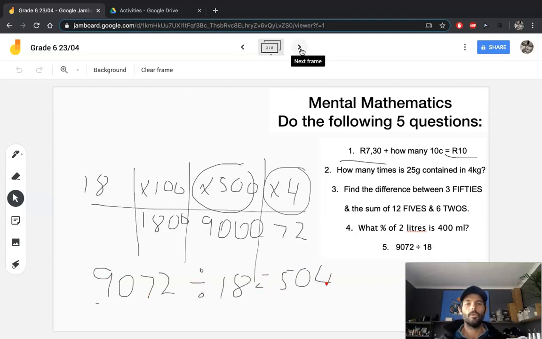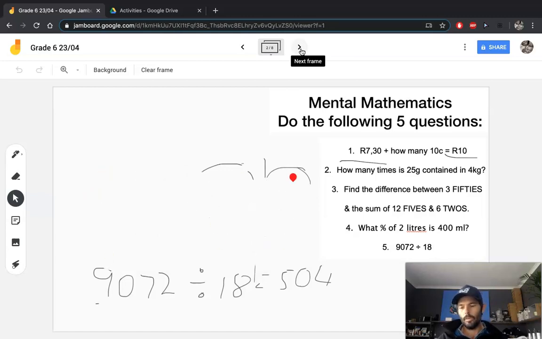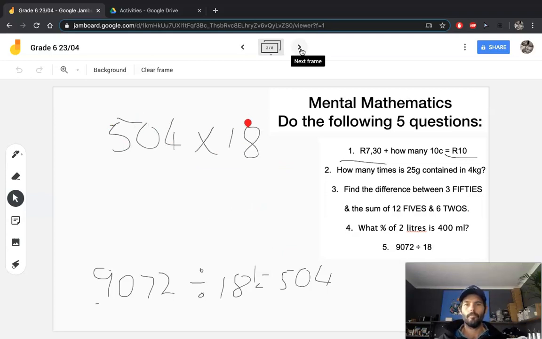Now I've always said to you, you must check. Okay, so if I take my sum that I've got written down at the bottom and I check it out and I do the inverse, that's going to be 504 multiplied by 18. Okay, I can do doubling and halving here.